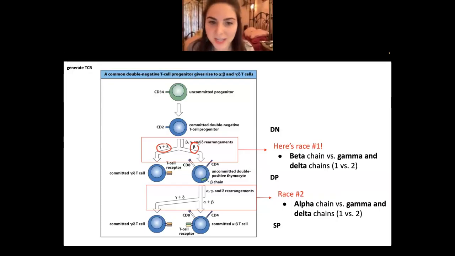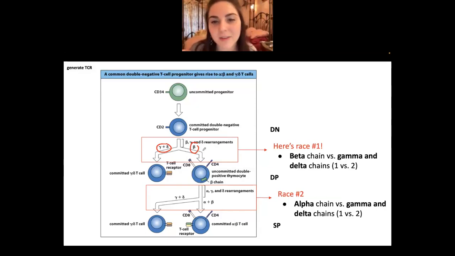So we have one chain trying to rearrange versus two. That's why, by sheer probability, beta is going to win, just because it's one versus two. It's not impossible that gamma and delta rearrange before beta, but keep in mind the sheer probability; you're rooting for the beta chain rearrangement.